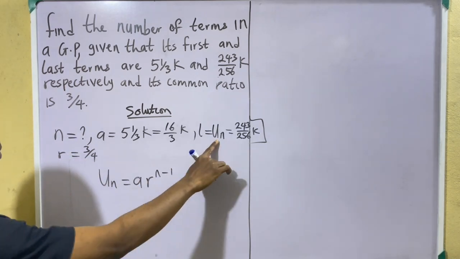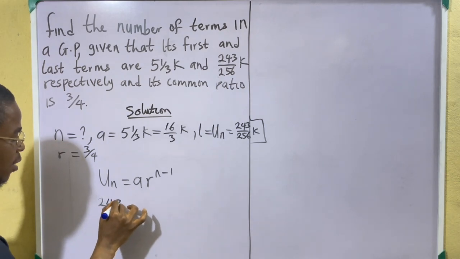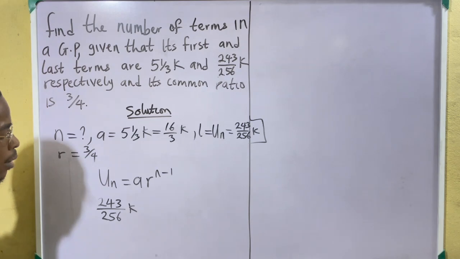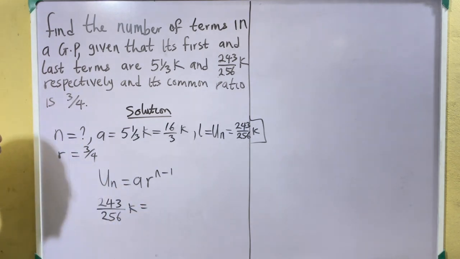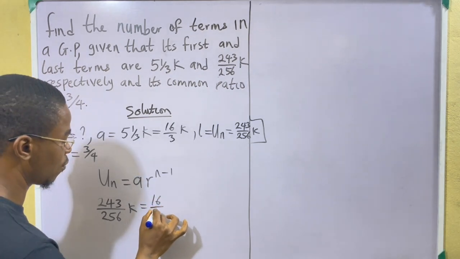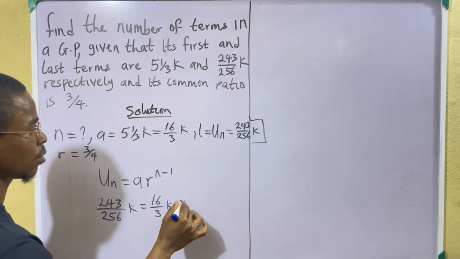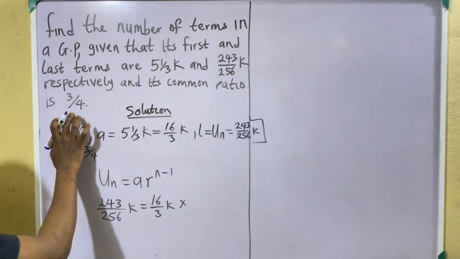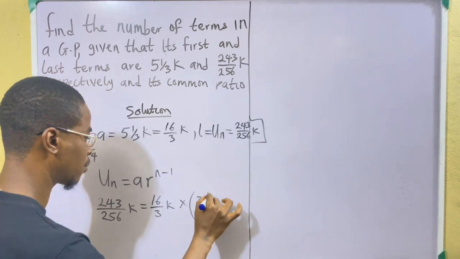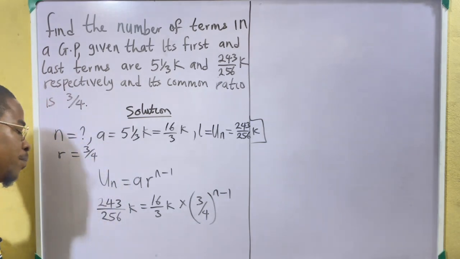For un, we're inputting 243 all over 256k, equal to, our a is what? 16 all over 3k times our r. What's our r there? It's a fraction, 3 over 4. So we can put that in a bracket, raised to n minus 1.